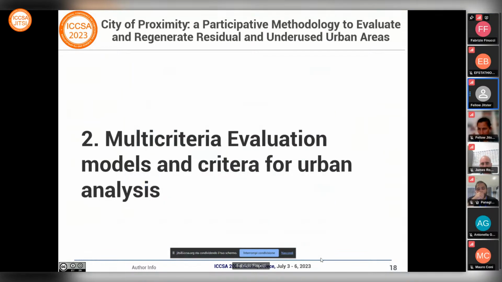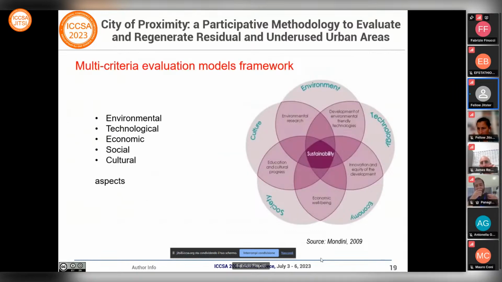Okay, and now talking about multi-criteria evaluation models, analyzing the state of the art, we can see, and we can show the next slide, that the sustainability concept is a multidimensional one. We found that the framework involves these different aspects: environment, technology, economy, society, and culture.